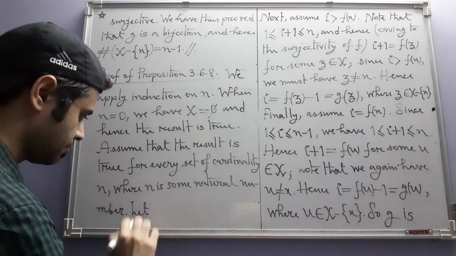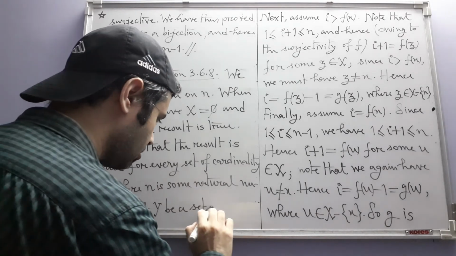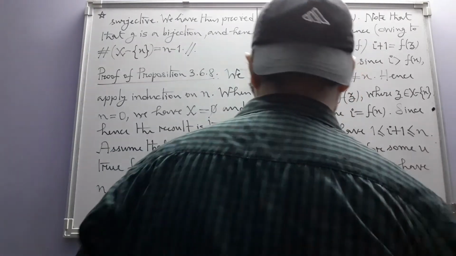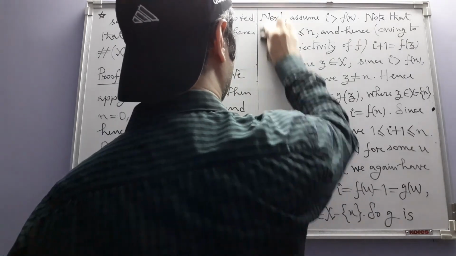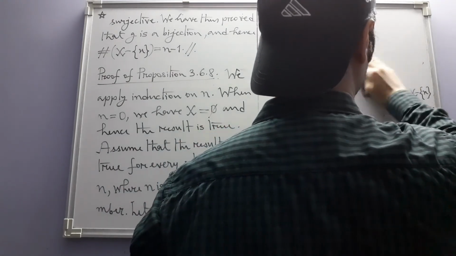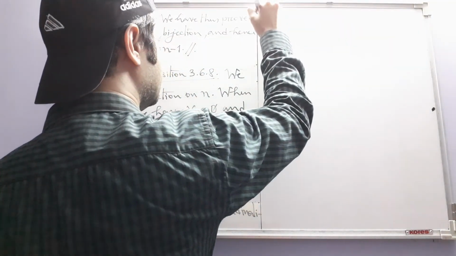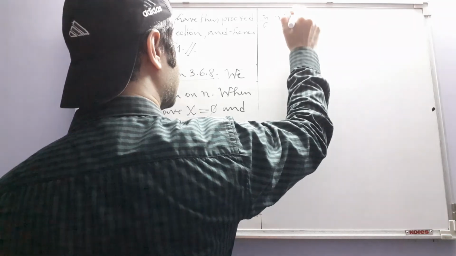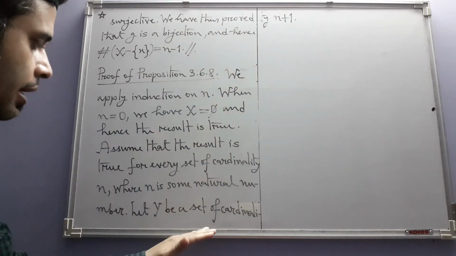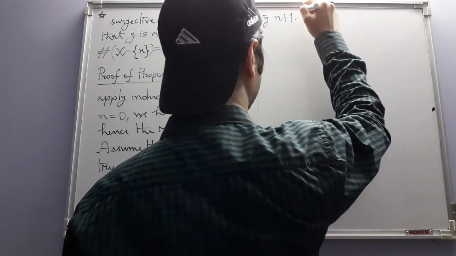Let Y be a set of cardinality n plus 1. We want to prove that n plus 1 is the only cardinality Y can have, but contrary to that, we are supposing something else.